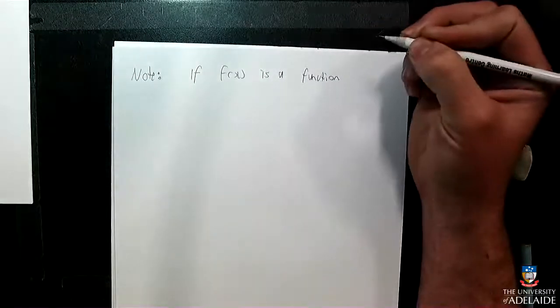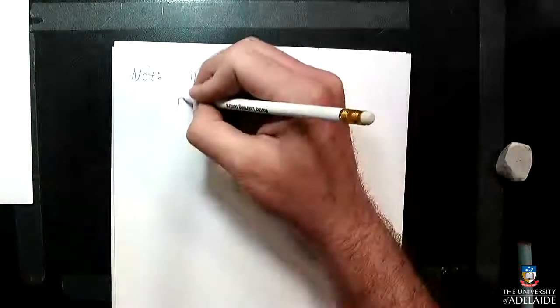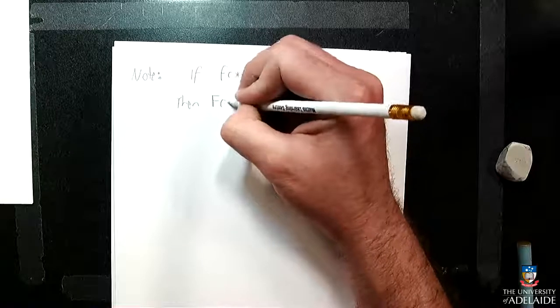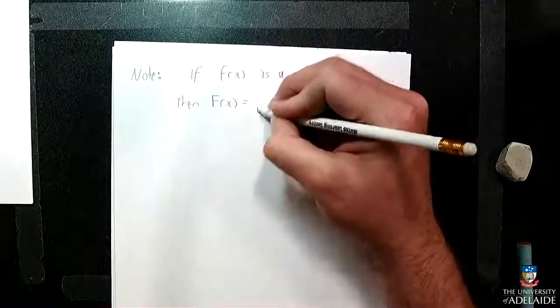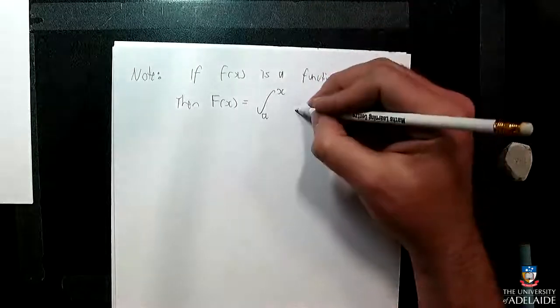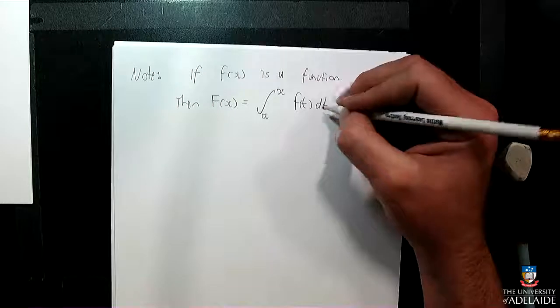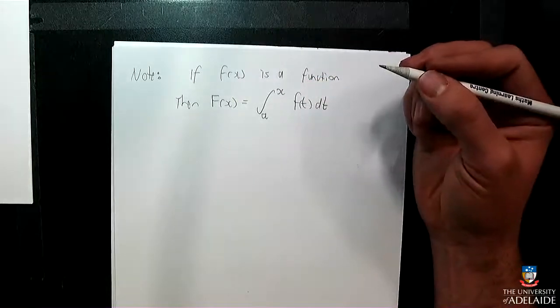Say f of x is a function that has an integral, that's integrable. Then this function, I have to call this a different letter to that, or it's going to get confusing when I do the calculation.